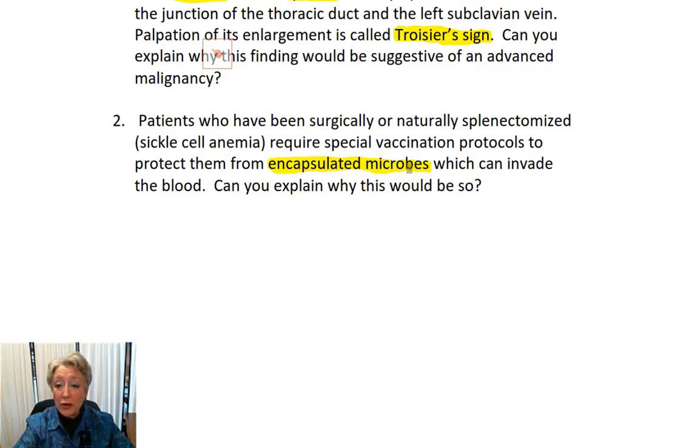Well, if you remember our discussion of the spleen, it's true that the spleen filters the blood. And one of the reasons why the spleen is so necessary physiologically is to slow the flow of blood so that the macrophages lining the sinusoids have a chance to interact with anything in the blood and engulf them. So this is naturally very important for any blood-borne microbe.